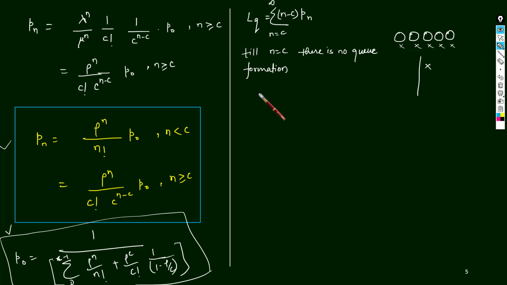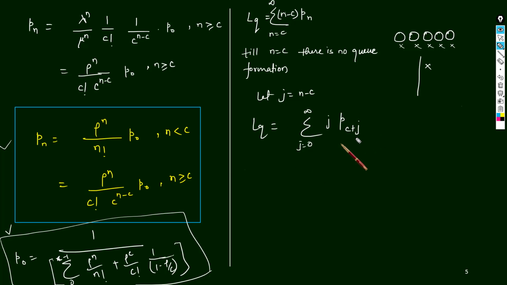Okay, so let j is equal to n minus c. So put it there. This will be j is equal to 0 to infinite, and this is j into p, this will be c plus j. Okay. Now what is the expression for this one?